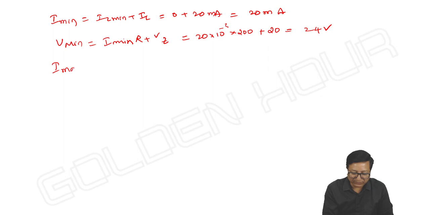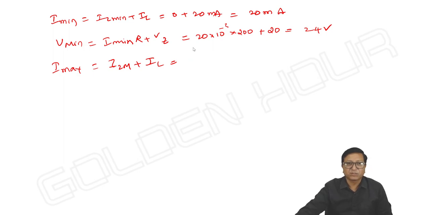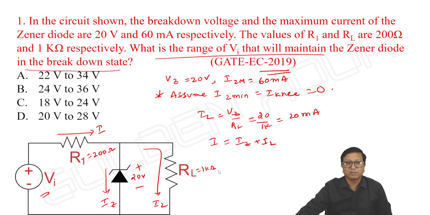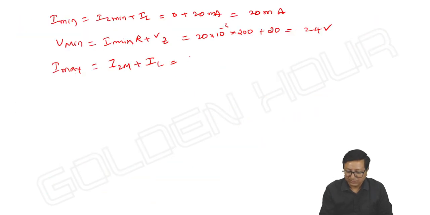Then I max is equal to IZM plus IL. IZM is given as 60 milliamperes, plus 20 milliamperes, it is 80 milliamperes.